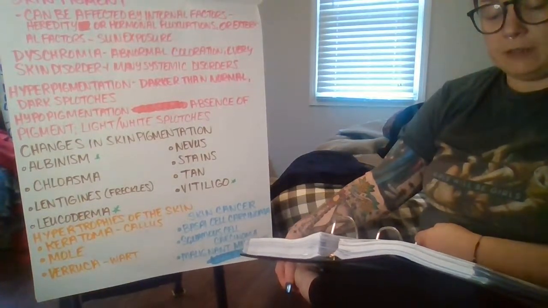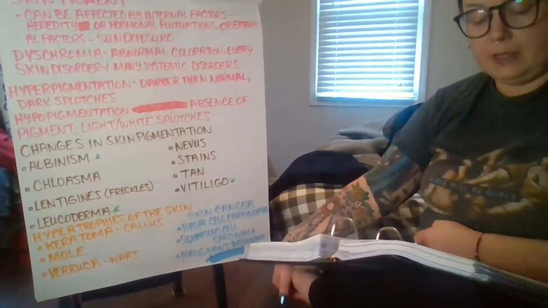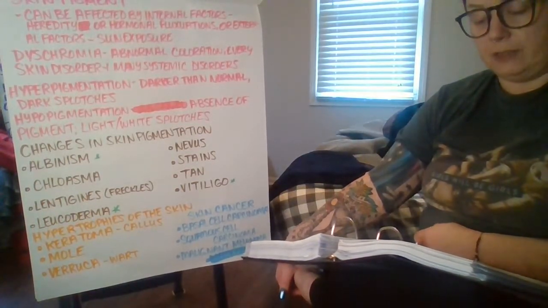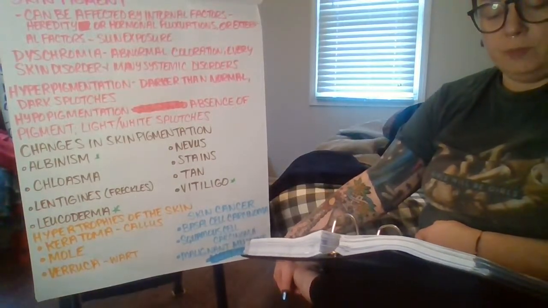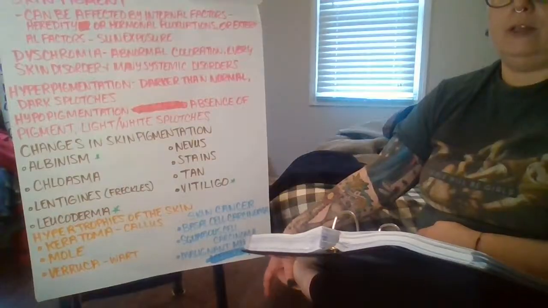Chloasma is characterized by increased deposits of pigment in the skin, found mainly on the forehead, nose, and cheeks, also called moth patches or liver spots, generally caused by cumulative sun exposure. My grandmother also used to call those old age spots.